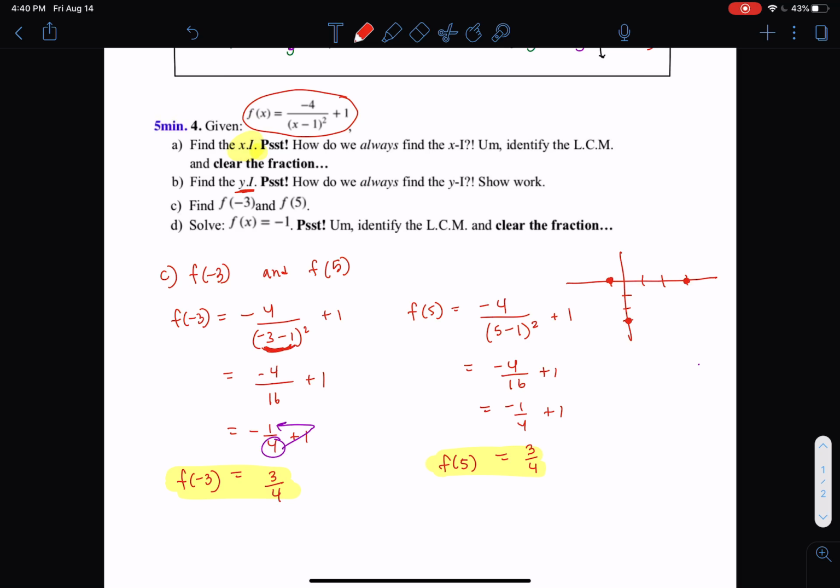Okay, so that's what we know so far. We also now know that at negative 3 we have a positive value, and at 5 a value of positive 3/4 as well. So we can start to get an idea of what our graph actually looks like.